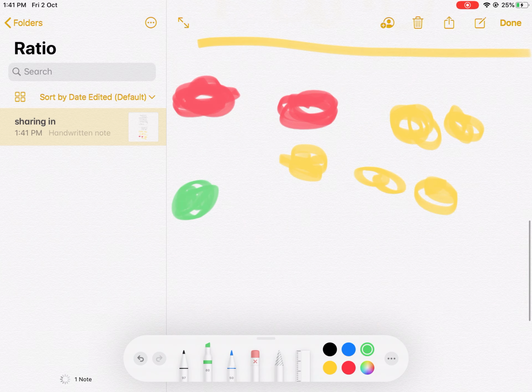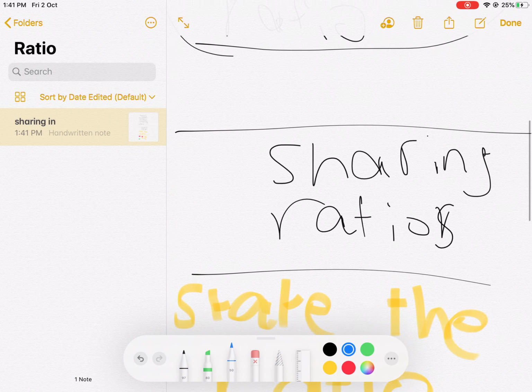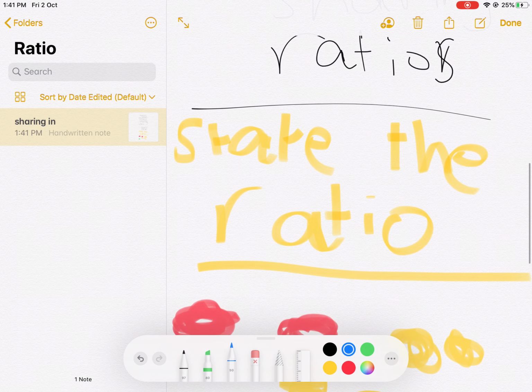So how do we solve this? It says state the ratio.